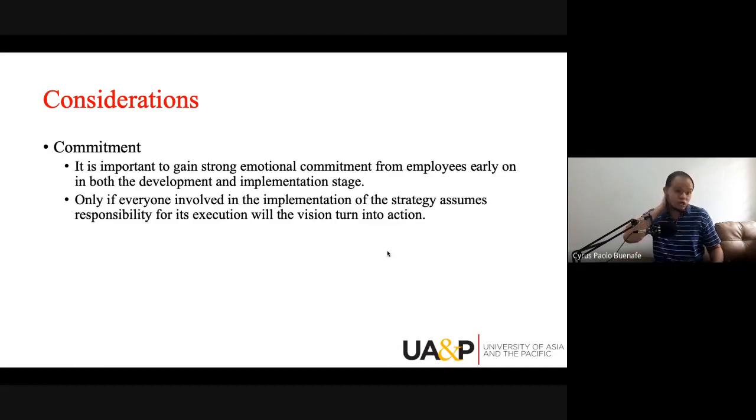Another consideration in technology management is commitment. This is something that has been alluded to, at least tangentially, in the previous considerations, such as culture, alignment, or even planning or communication. But here, commitment is its own distinct consideration, and it has to be called out as such.